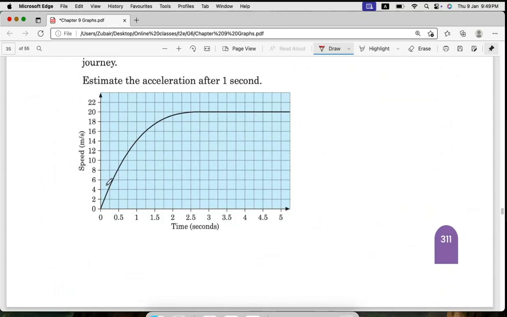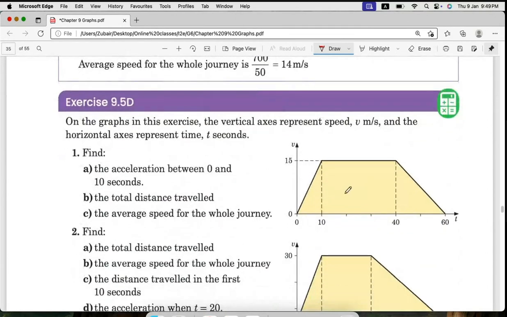That means the acceleration is decreasing, and ultimately the particle reaches its terminal velocity or the constant velocity. If I will explain the first one, I would say the particle accelerated at a constant rate, then the acceleration was zero, traveling with constant velocity. After 40 seconds, it started to decelerate at a constant rate.